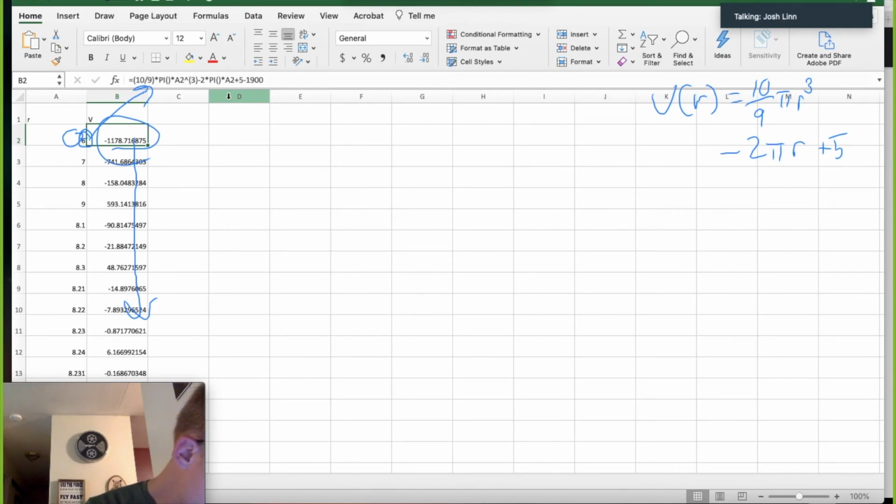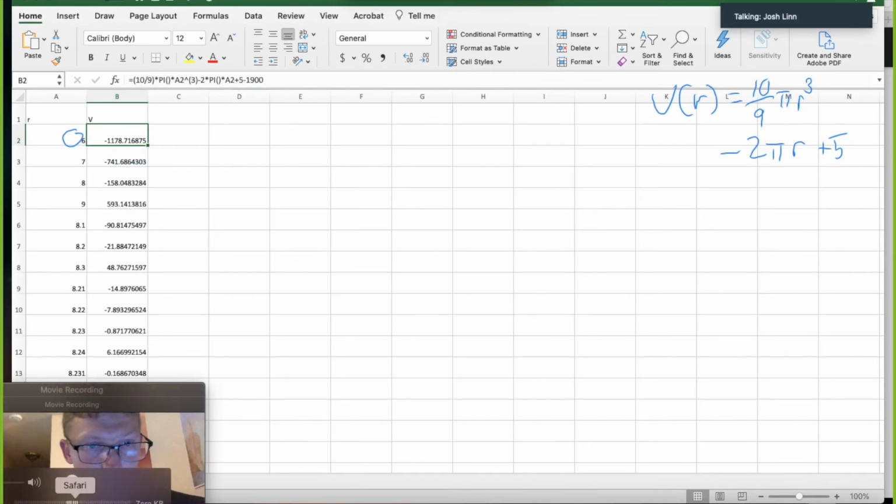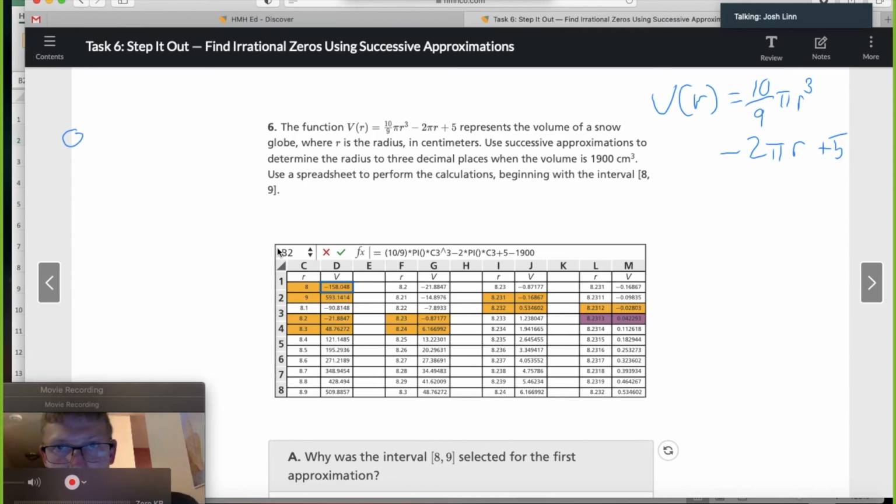So if we go back to our problem real quick, let's see here. So find 3 decimal places when the volume equals 1900 centimeters. So I'm going to write that down too. 1900 centimeters cubed.